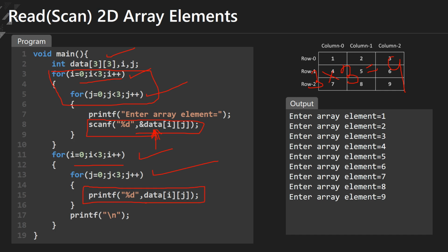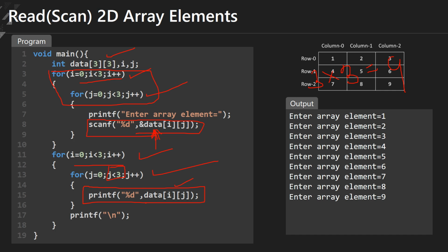First, with i is 0 and j is 0, the first row and first column element will be printed. When i is 0, j gets incremented until the condition is false. Once the condition is false, it comes out of the inner loop, and then i gets incremented to 1.